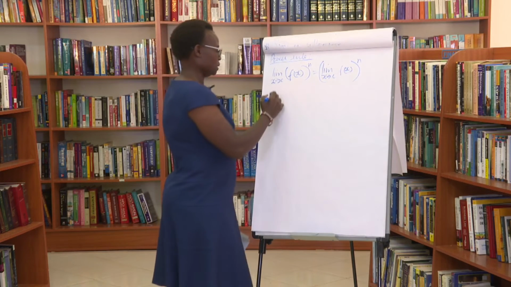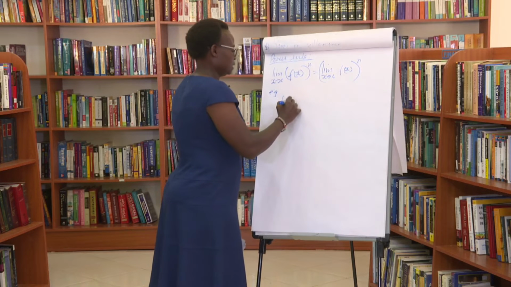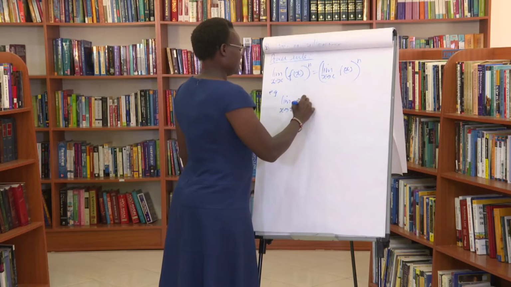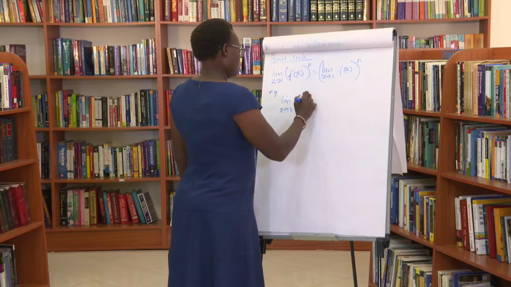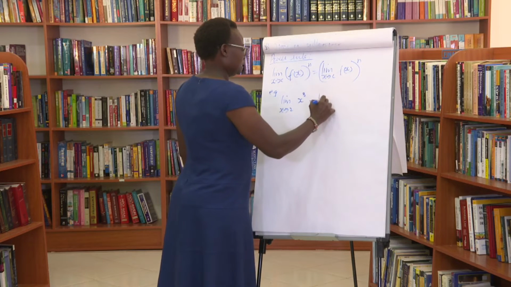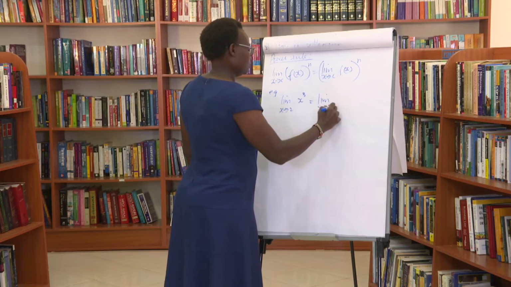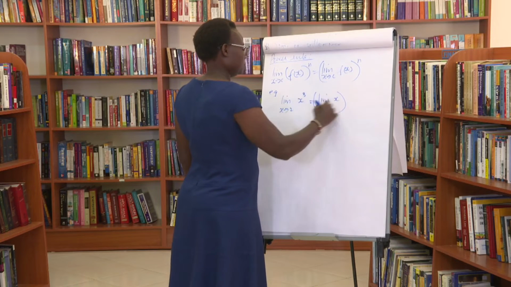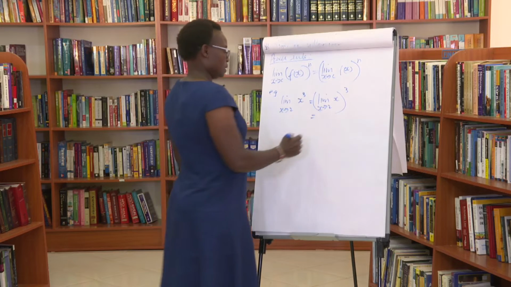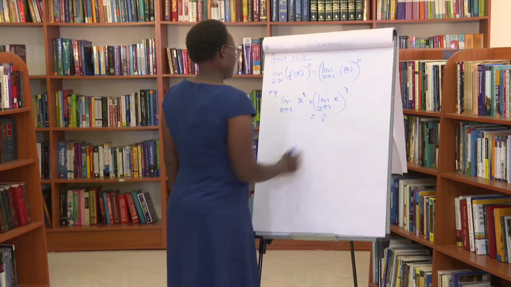So for example, if you're supposed to get the limit as x tends towards 2 of x squared or x cubed, this would be the same as getting the limit first as x tends towards 2 of x, and then so this would give us 2 cubed, which would give us 8.